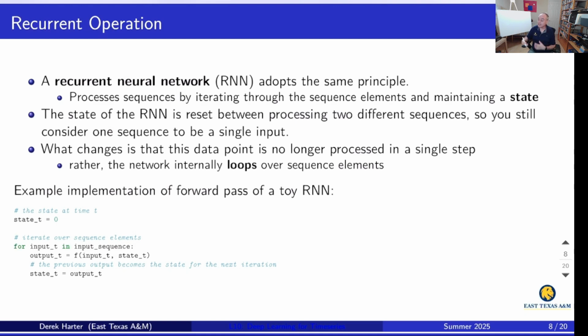Each time, it performs an operation and feeds back in the result of that operation that it outputs for each input. So each time it's processing the next item in the sequence, it's processing both the item and its memory. That recurrence that comes back in is the state. We call that the state of the recurrent neural network.